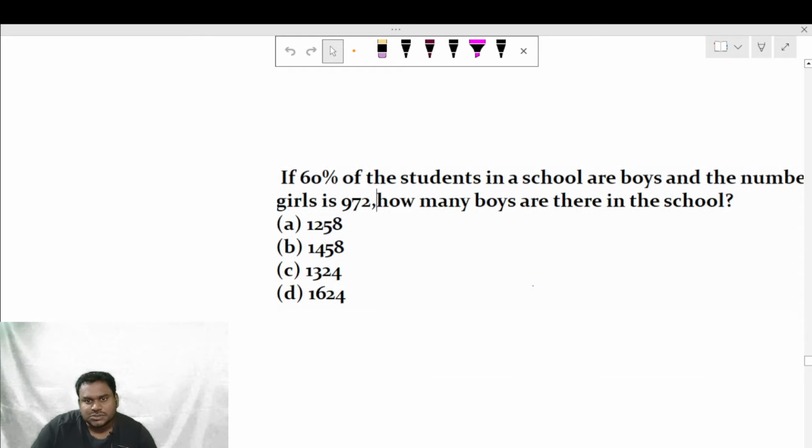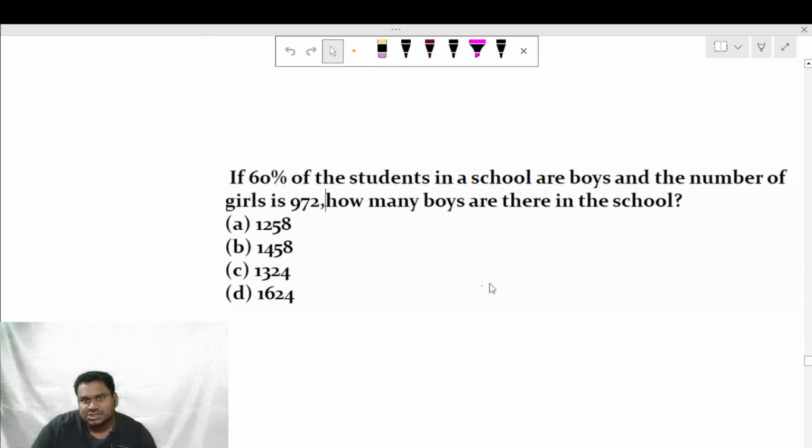Next question: if 60% of the students in a school are boys, the number of girls is 972. How many boys are there in the school?